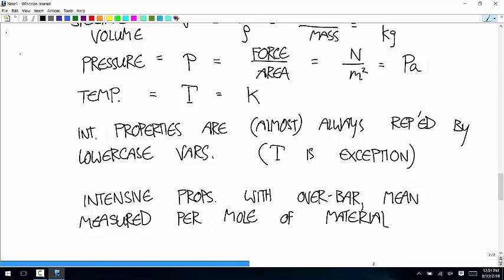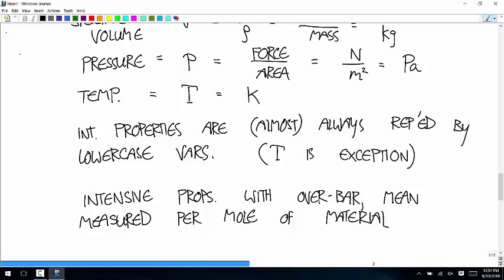A mole is just a quantity of material, a number of molecules or atoms. Just like you could measure the volume per unit of mass, you could measure the volume per mole.